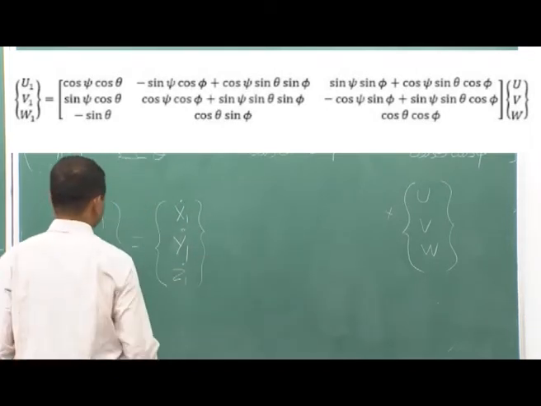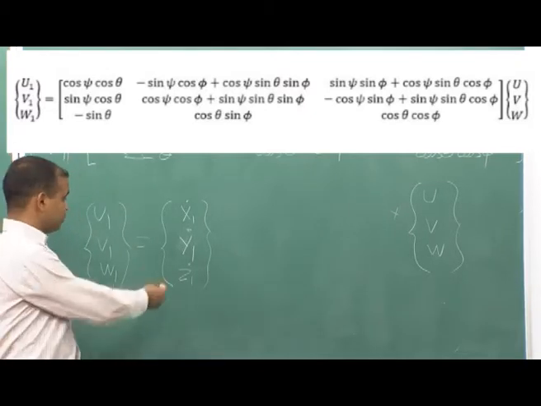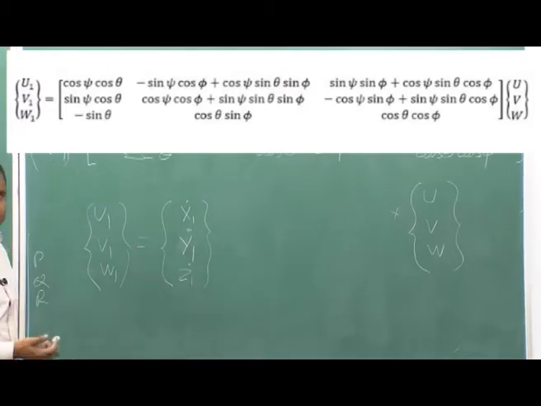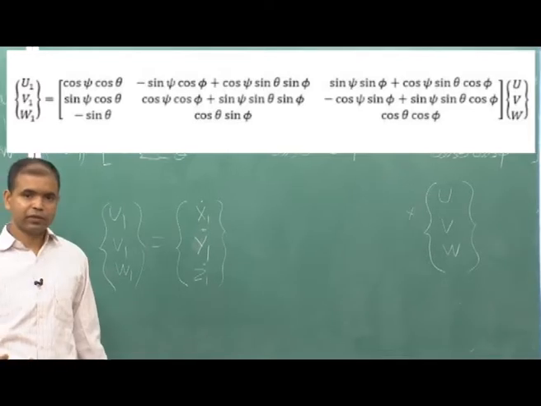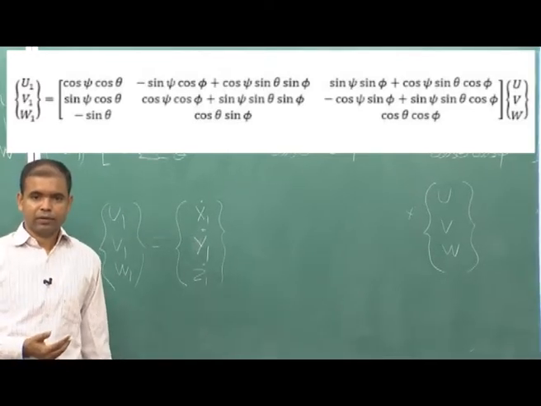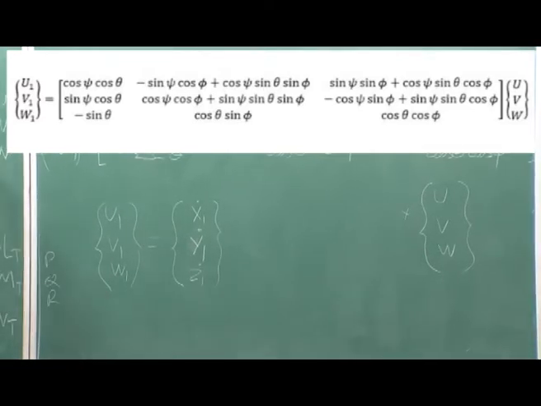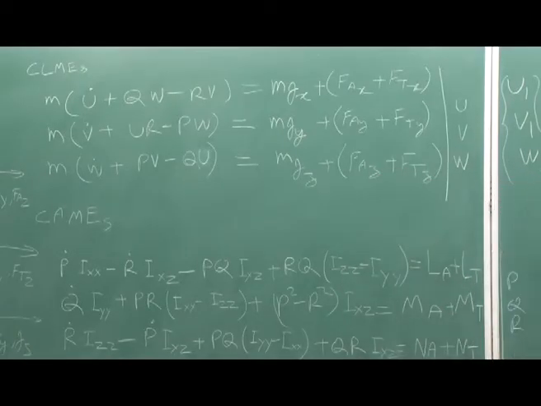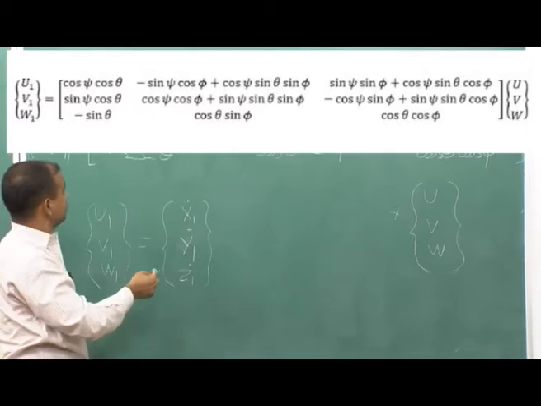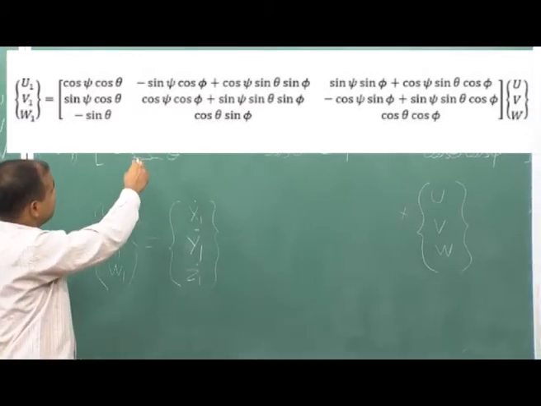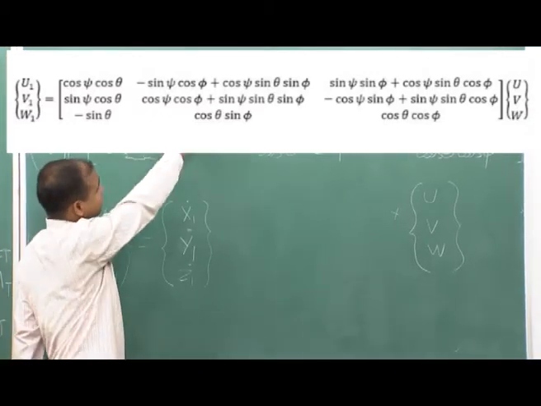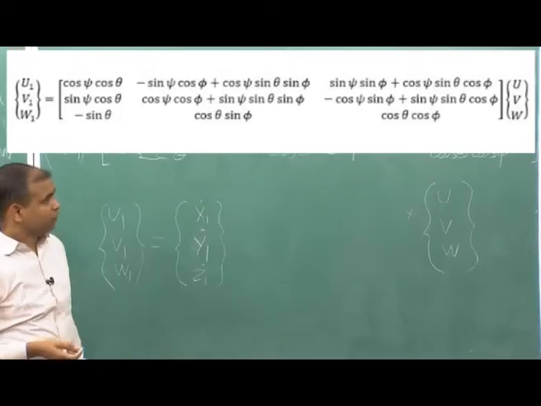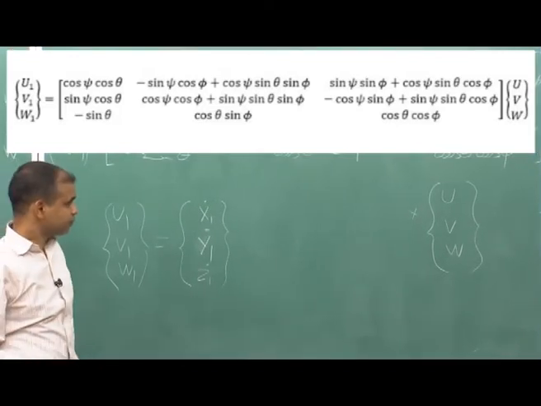So, from here we can find the x1, y1 and z1, and this will ultimately give us the trajectory of the aircraft in the inertial frame. From these three sets of equations, we already have got the UVW, but to find the U1, V1, W1, we require psi, theta and phi also, and from where we will find this.